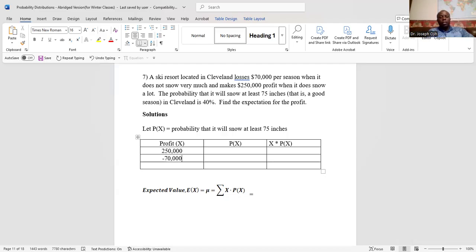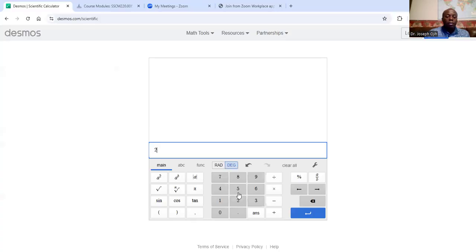Now, the probability they say is 40%, which is 0.4, which means that the probability that it doesn't snow a lot will be 0.6. How do I get 0.6? 1 minus 0.4 gives you 0.6. Now, x times P(x): 250,000 times 0.4 is 100,000.